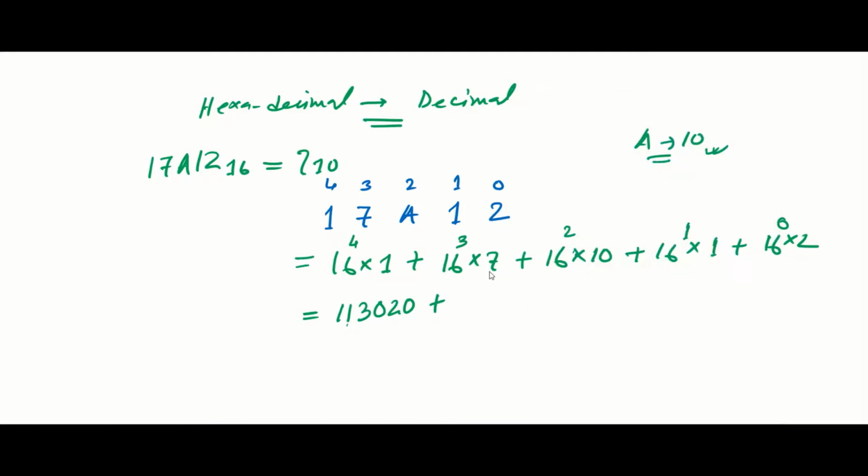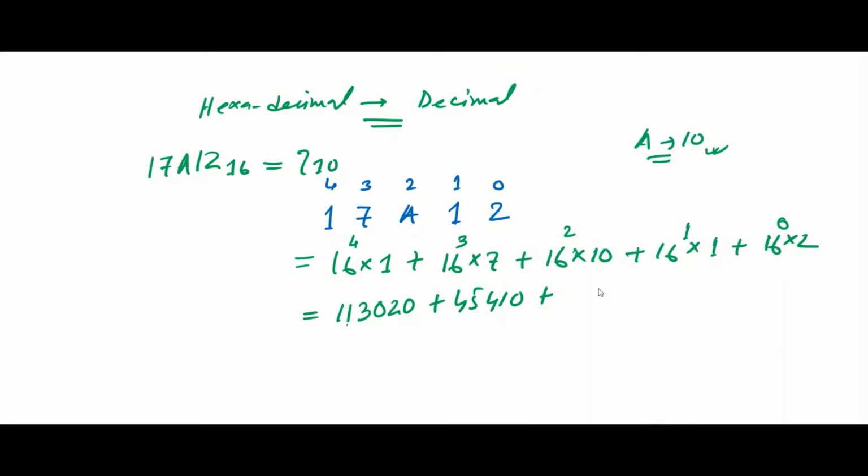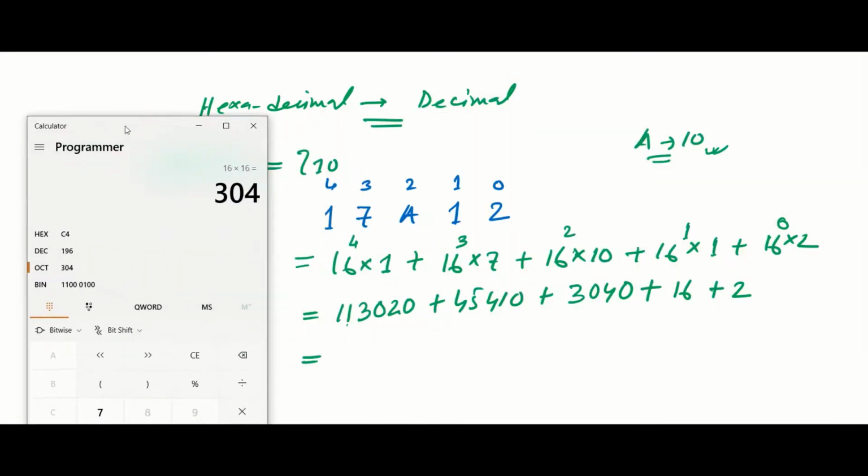Now 45410 plus again 16 to the power 2, so 16 square 304 into 10, so it becomes this. So let's add these numbers so that we can get the correct number in decimal.